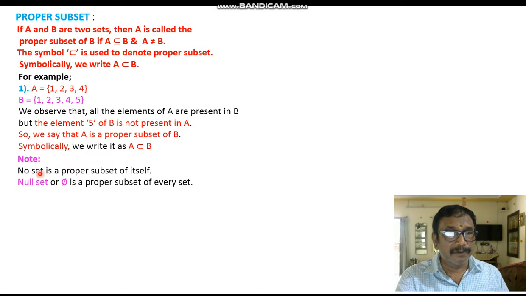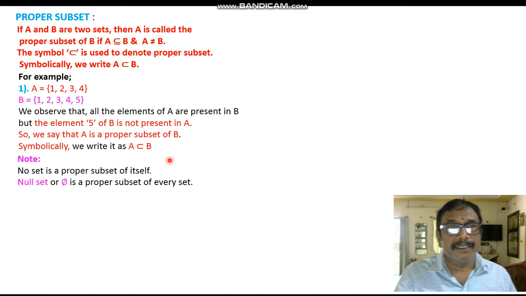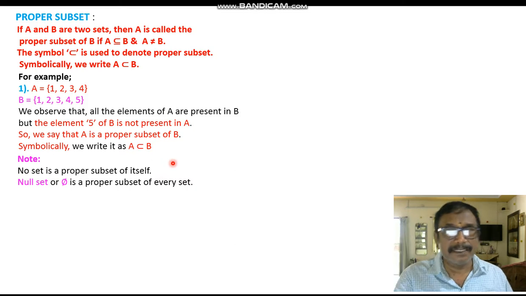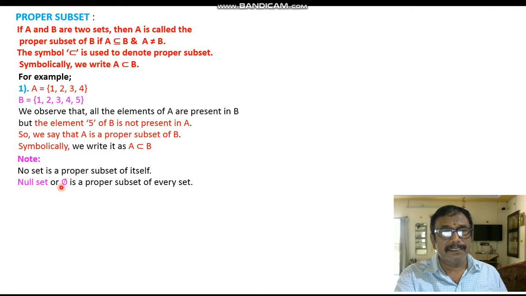Next, no set is a proper subset of itself. While introducing subsets, we stated that every set is a subset of itself. But here the statement is no set is a proper subset of itself. The null set is a proper subset of every set.